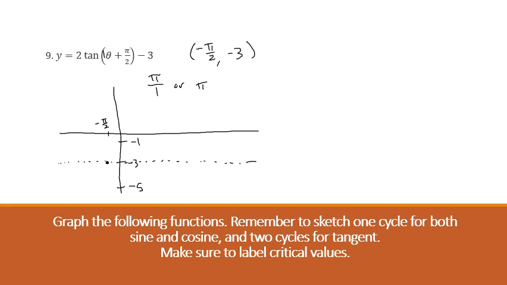So you have to actually go pi from the center, not pi from 0, but pi from the center. So negative pi halves plus pi makes positive pi halves. That's where we're going. And now we can put our asymptote in the middle and draw this.